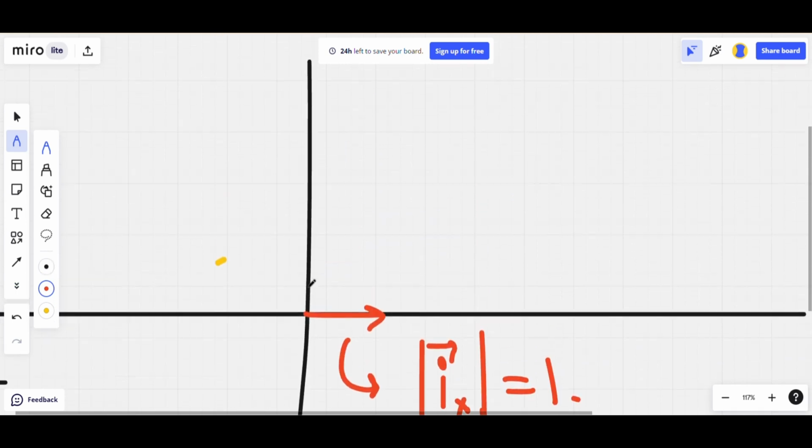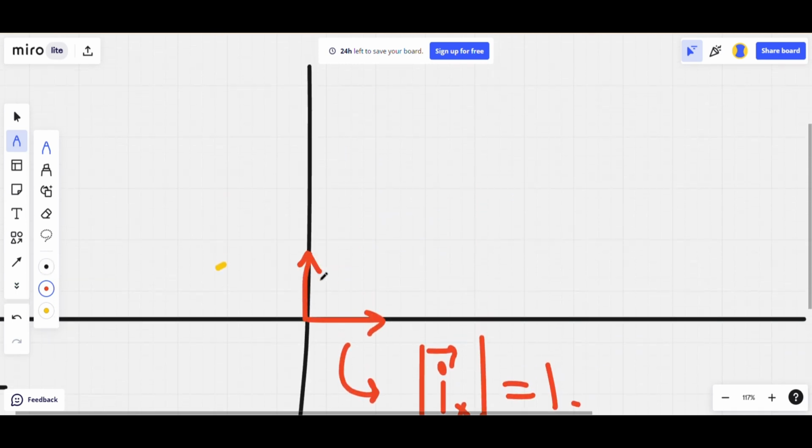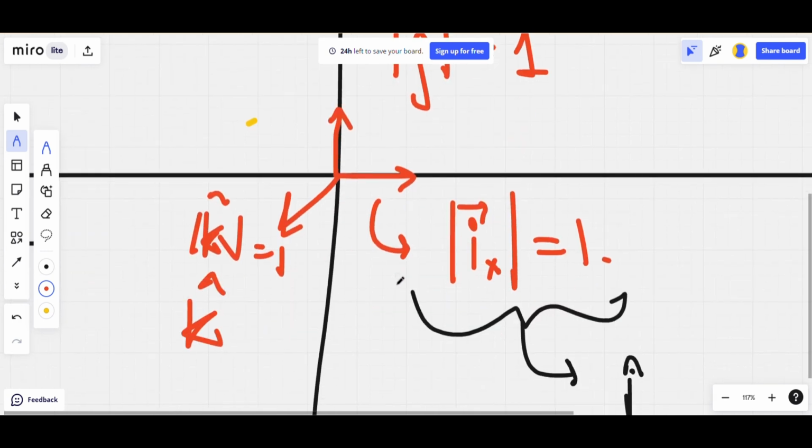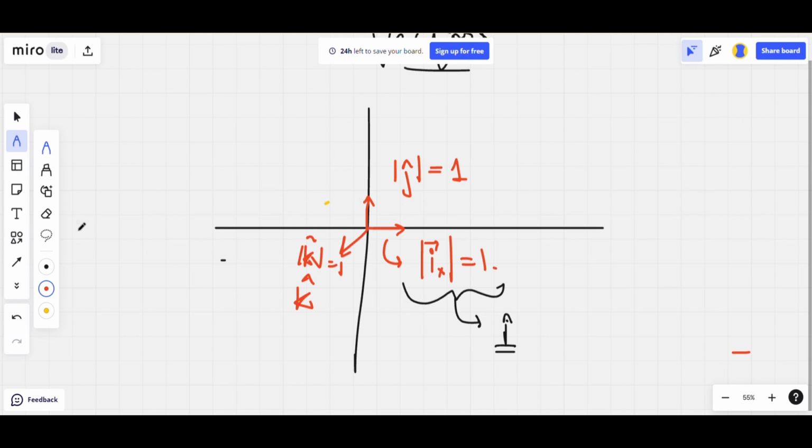Similarly, a unit vector along y-axis is a vector along the direction of y-axis whose magnitude is 1. So if somebody asks you what is the magnitude of j cap, then you just say 1. Same goes for z-axis as well. k cap magnitude is 1, k cap is a unit vector. So that's the idea of unit vectors.